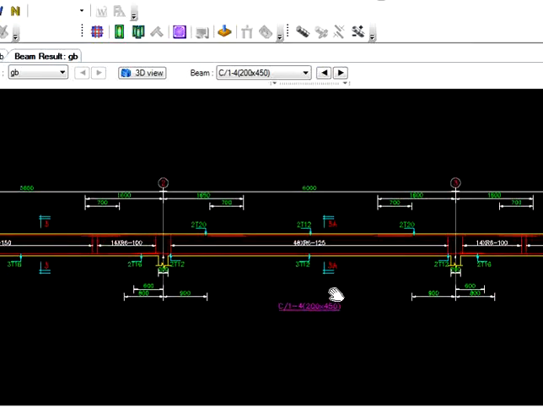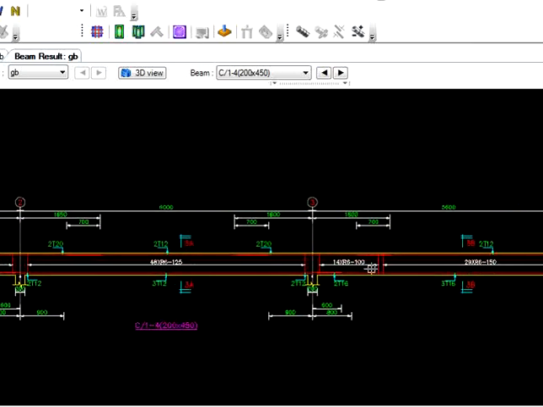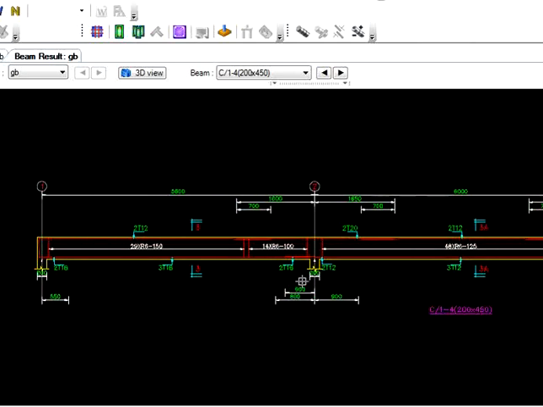Let's say for the continuous beam here, your first span is 5,600. Second span, it will be 6,000. And then the third one, it will be 5.6 meters.